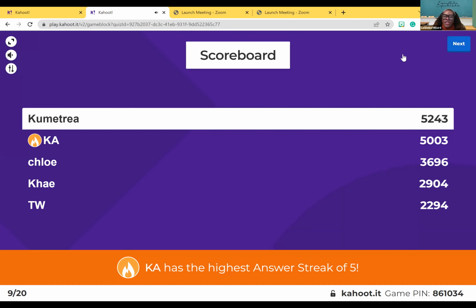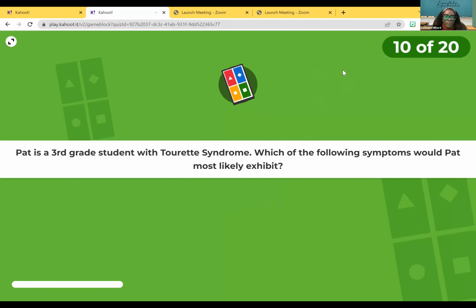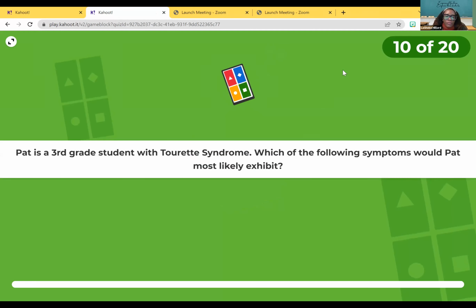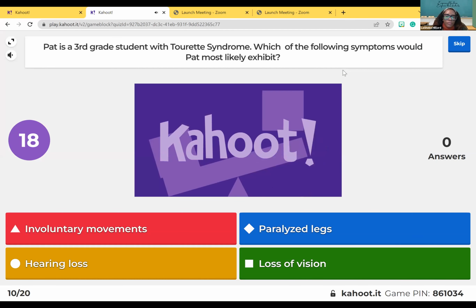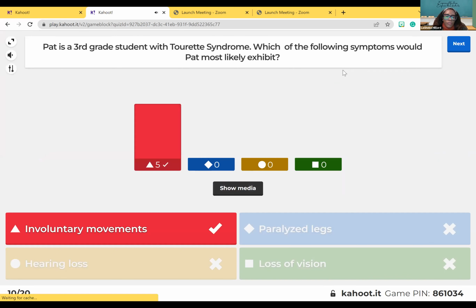Use the strengths of the child first. All right, absolutely, involuntary movement.